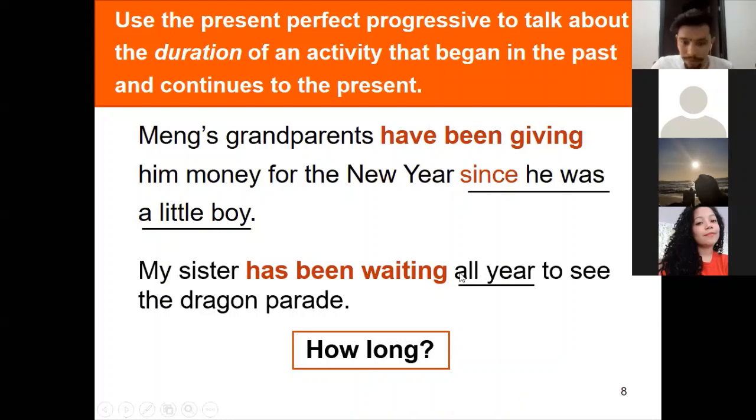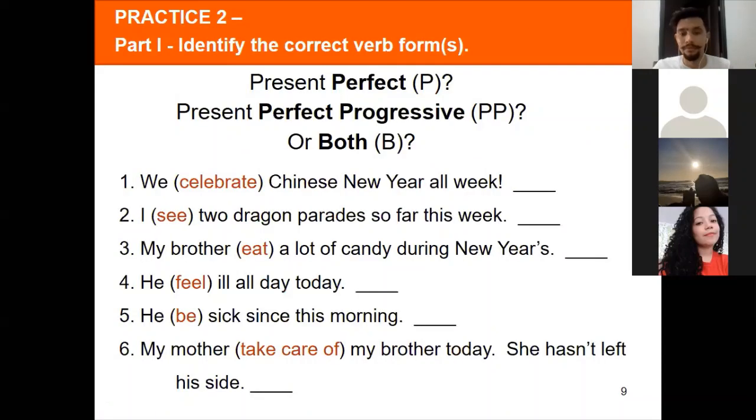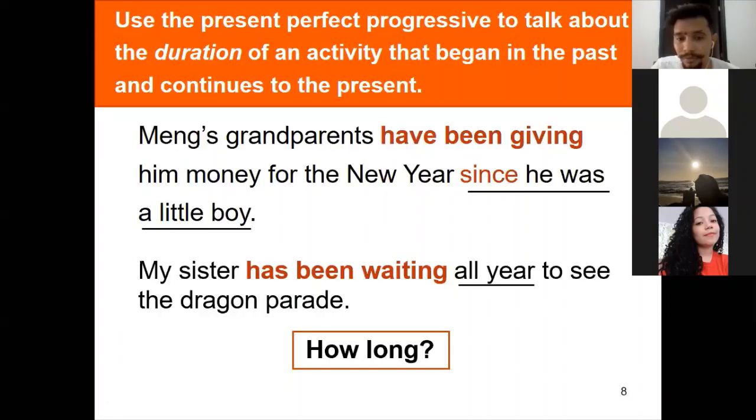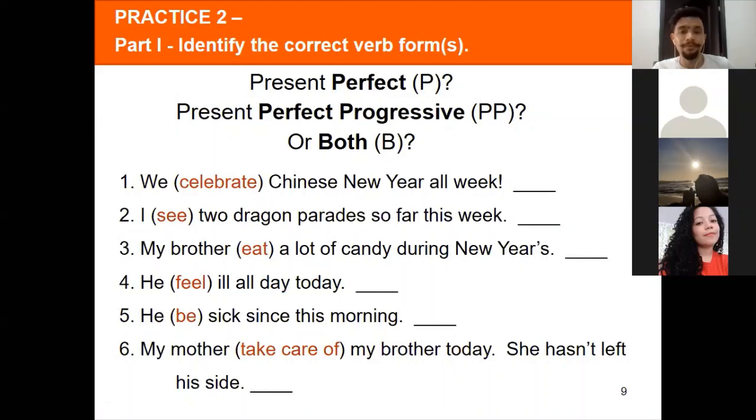So one more time, we use how long commonly with the present perfect continuous. Is that clear, or do you still need any more explanation on this topic, guys? Is it clear? Yes, teacher.